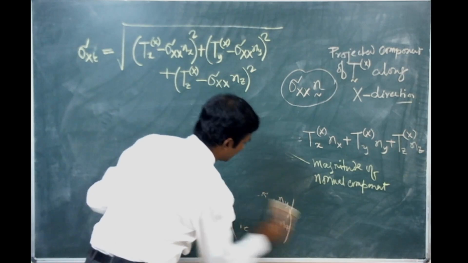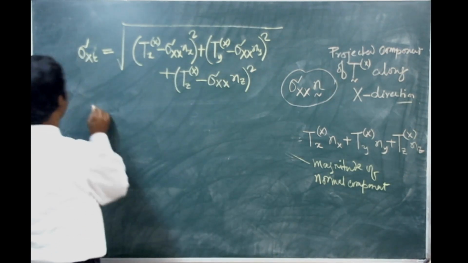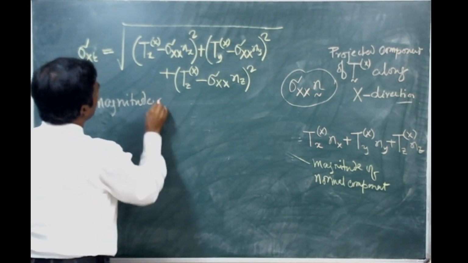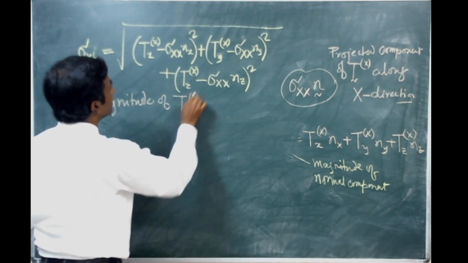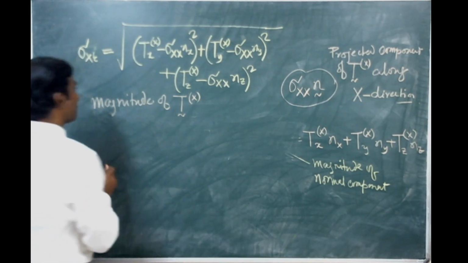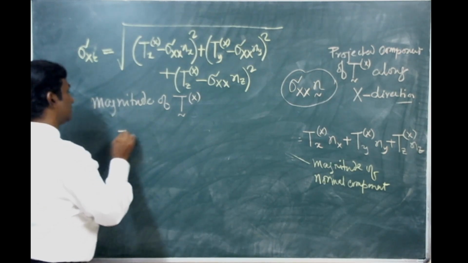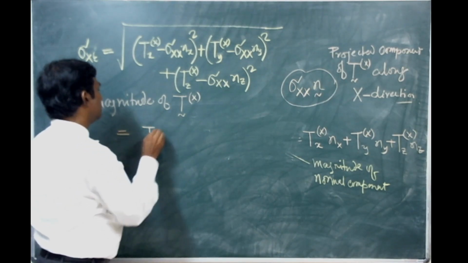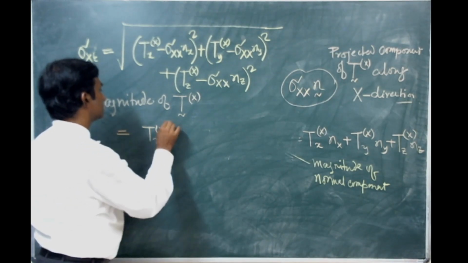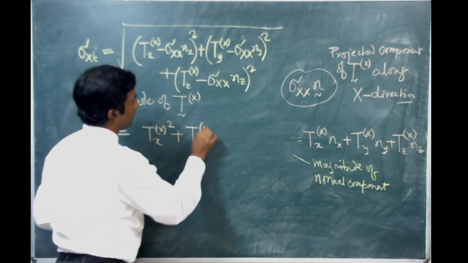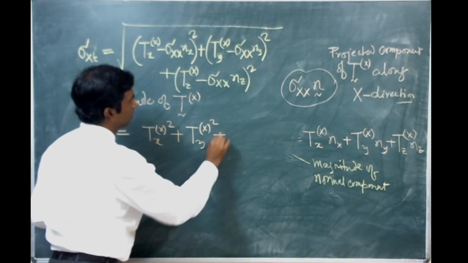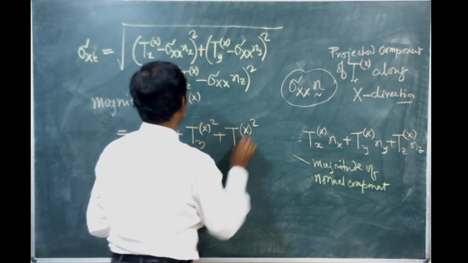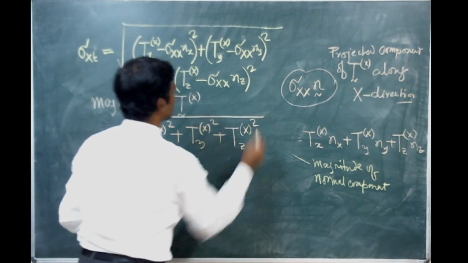The magnitude of T takes T capital X, x squared, plus T capital X, y squared, plus T capital X, z squared, under a square root. This is the magnitude of the traction vector.